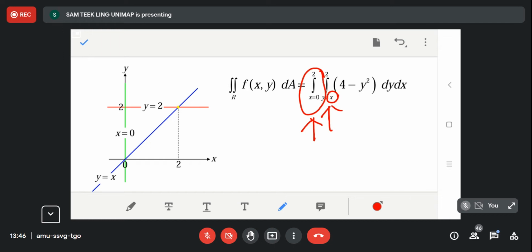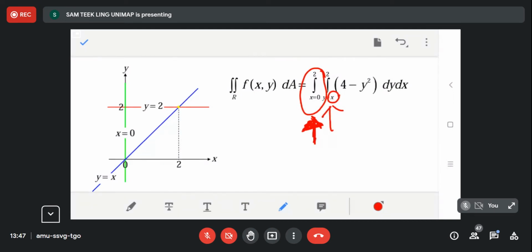So please make sure, for all integrals, double integral, triple integral also the same. So the last integral, the ending one, must be a value, a number. Don't give me a variable. That one does not exist.